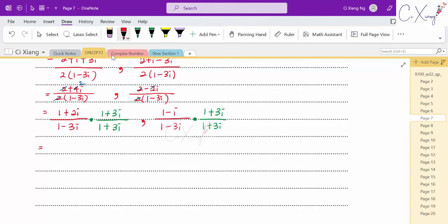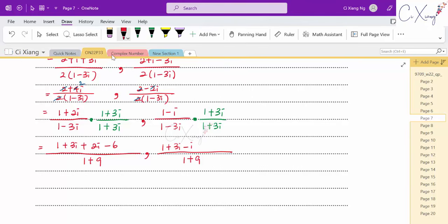Continue further. Next step, try to expand everything and simplify. So for the first answer here, I'm having 1 plus 9 in the denominator, then 1 plus 3i plus 2i, and 3 times 2 is 6, with i squared it becomes negative 6. For the second answer, I also have 1 plus 9, then 1 plus 3i minus i.